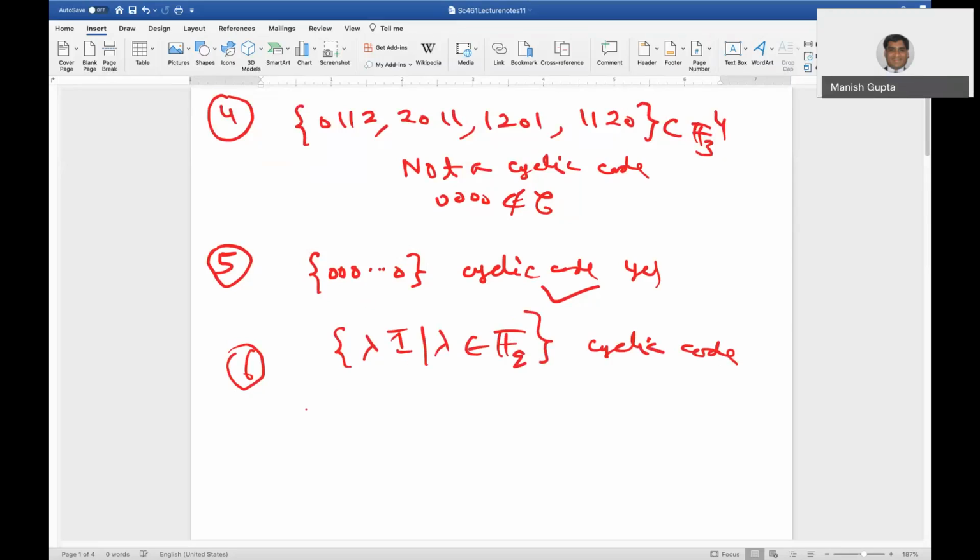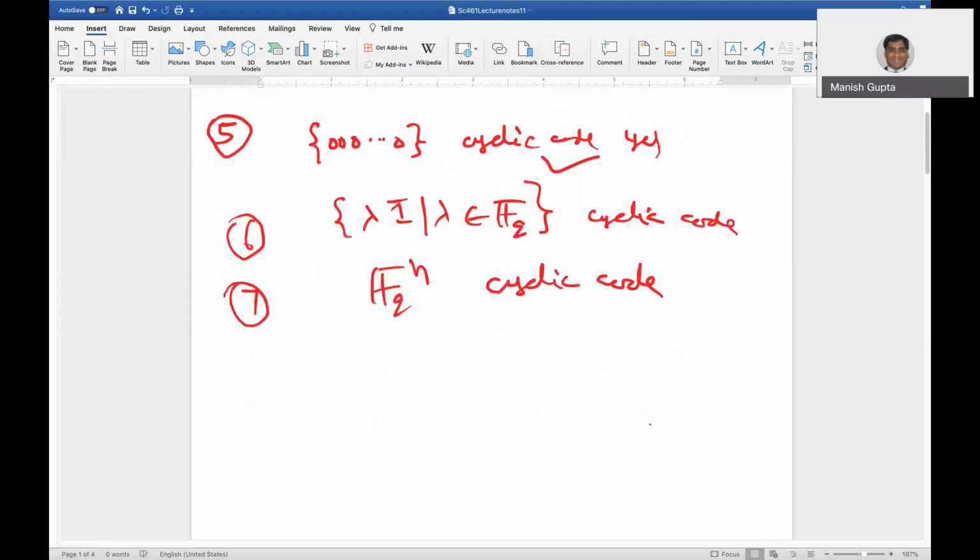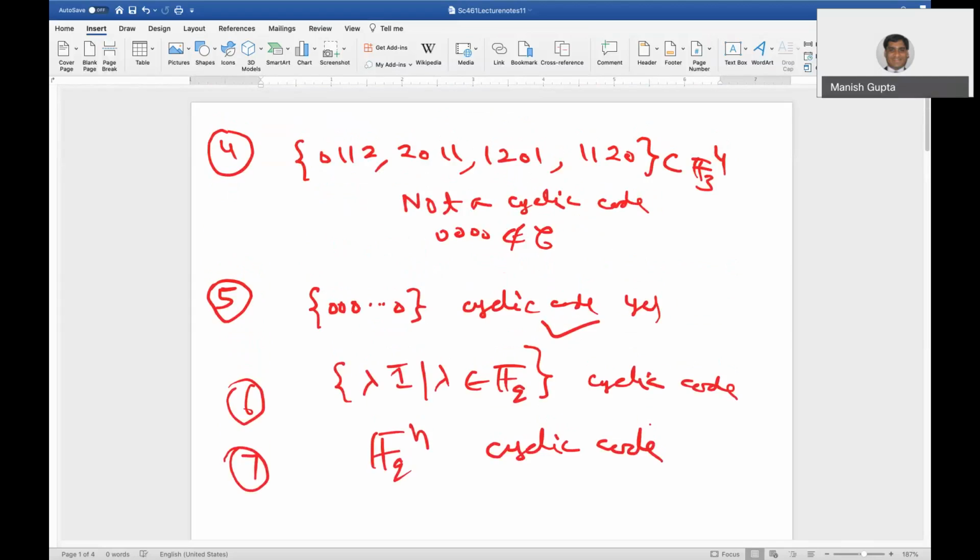Seventh example, if you take the whole space Fq raised to power n, this is also a cyclic code. You see the beauty, so many trivial codes are also cyclic codes. The full space and the space consisting of only zero are both cyclic codes.